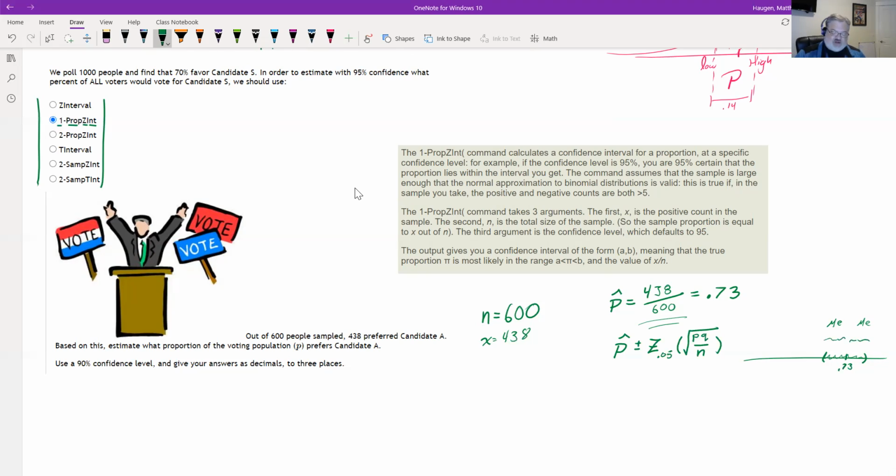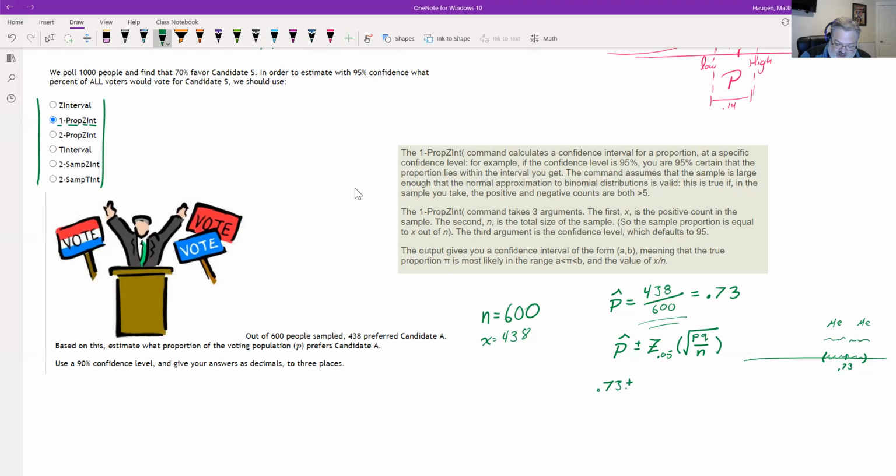As we talked about yesterday, we would like to use the P and Q from the actual population, but we don't have them, so we're going to use the sample proportion instead because it's the best we got and it's usually close enough. So our sample proportion was the 0.73.